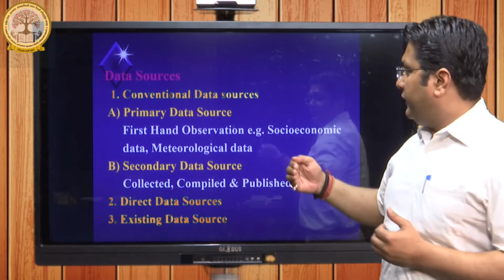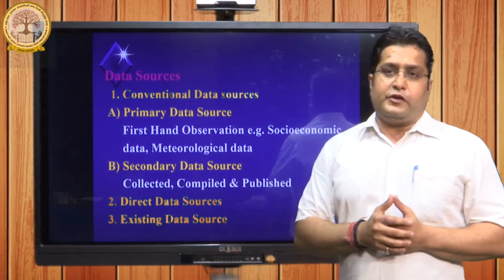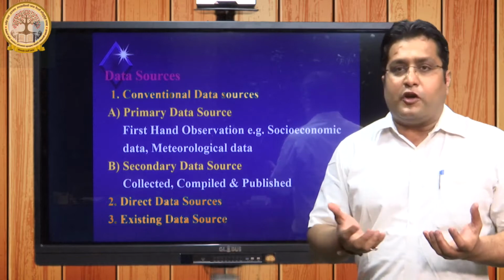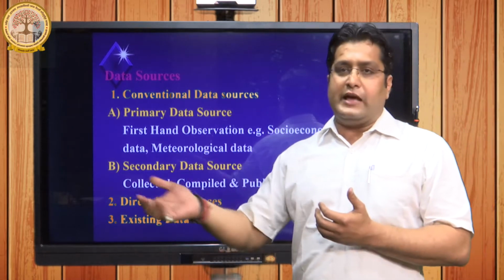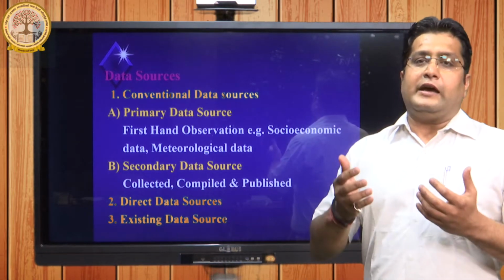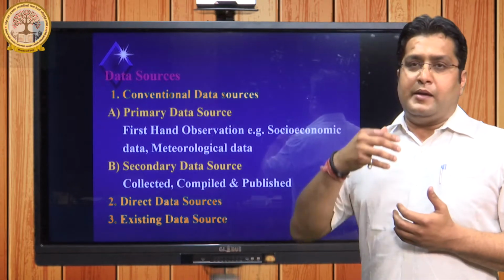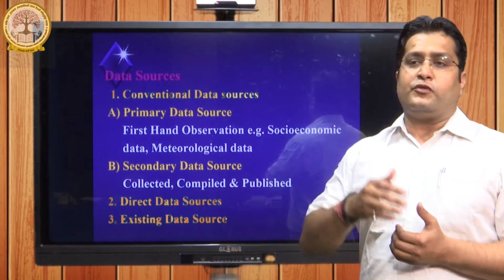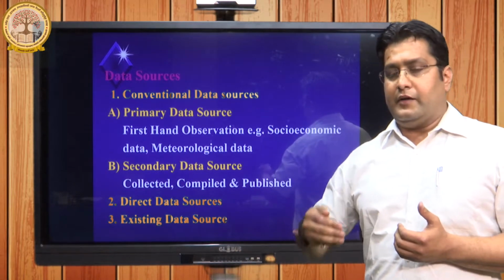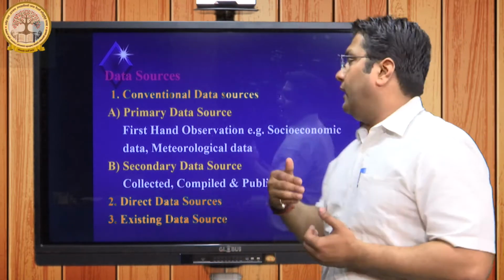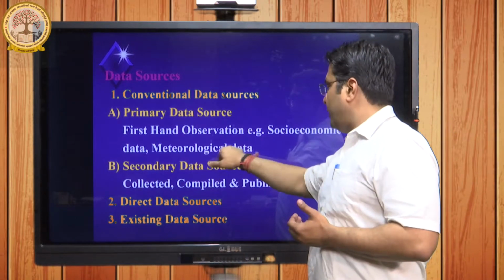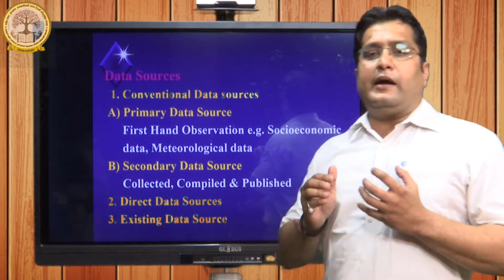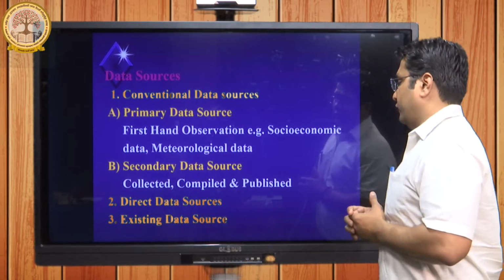Primary data sources means first-hand observation, where we directly get the data and procure information that can be utilized in the GIS platform. Whatever data we directly prepare, like remote sensing data and meteorological data, is part of primary data sources. So all meteorological data, socioeconomic data, and remote sensing data are part of primary data sources.